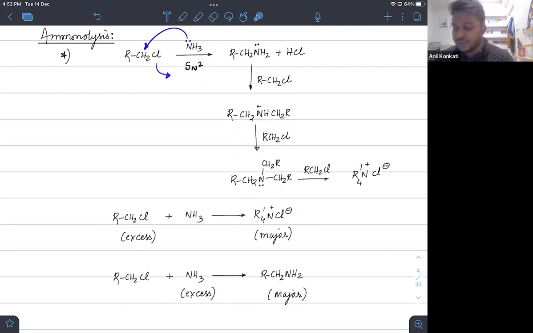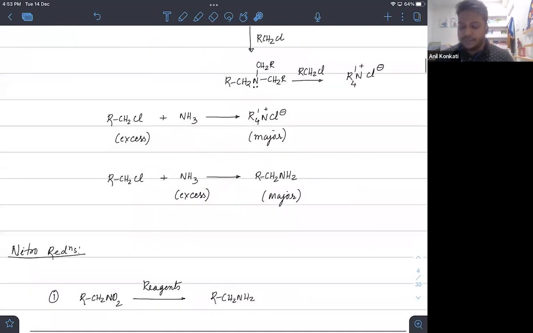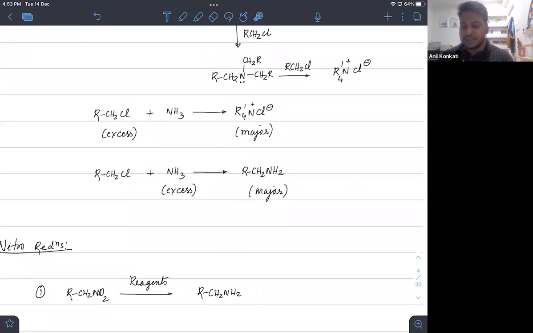There could be some alkene formation also at the tertiary position, but nevertheless in all the cases you will have a mixture of 1 degree, 2 degree, 3 degree and quaternary ammonium salts. Now it all depends upon which one you want as major. If you want ammonium salt as major, then take alkyl halide in excess.